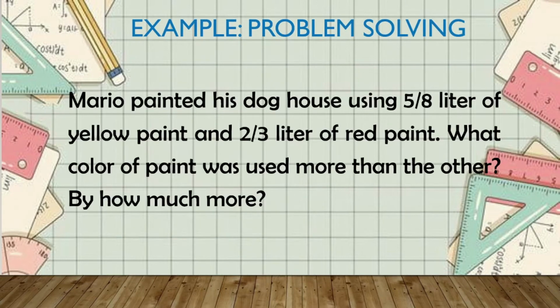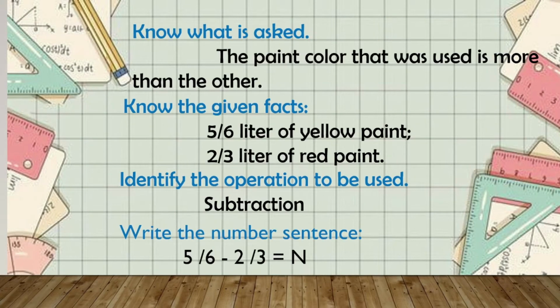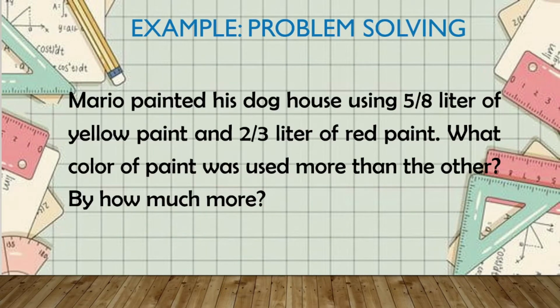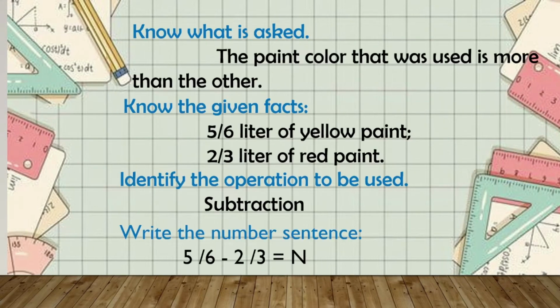It was taken from here: what color of paint was used more than the other? The next, know the given facts. When we say given facts, we take the numbers from the problem. So, what is here in the problem is 5/8 liter of yellow paint and 2/3 liter of red paint.